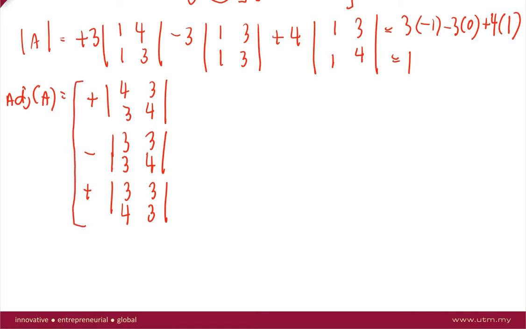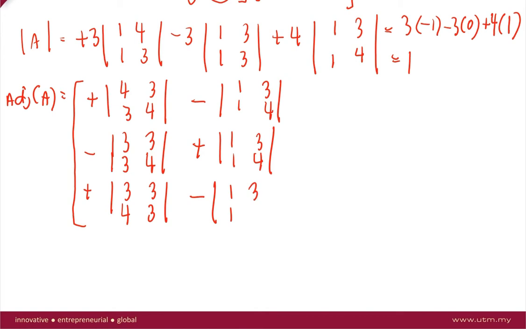And then plus, minus, plus, and the third row is plus, minus, plus.